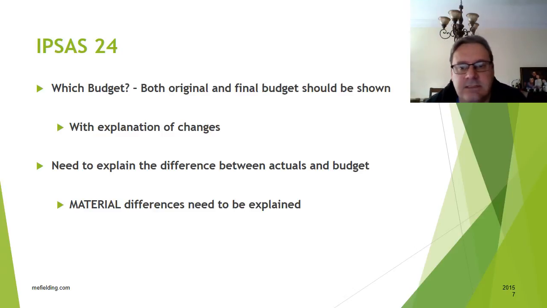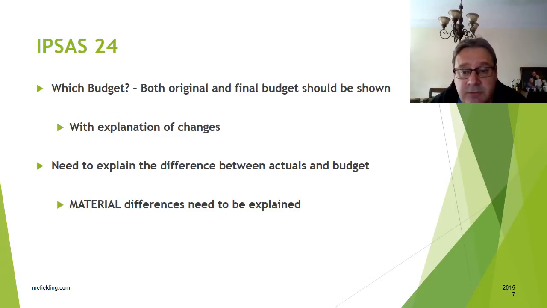I think I've pinched this slide from another presentation, but this is one of the main differences. The first thing is which budget. In some countries, they will prepare a budget ready somewhere around, or certainly before, the 31st of December, and then that budget becomes the budget, and it doesn't really change in any way. Other countries will prepare budgets and then they will have planned changes.